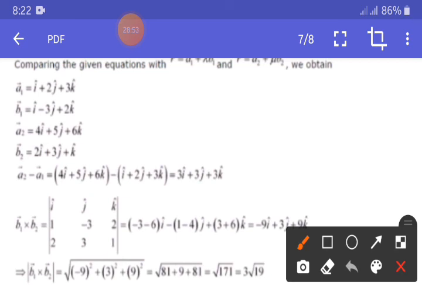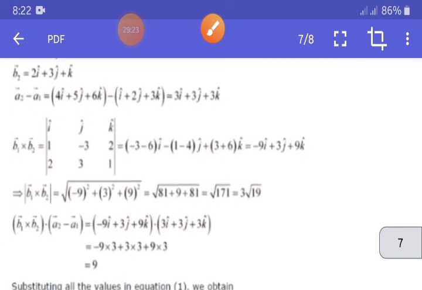So 4 minus 1 is 3, 5 minus 2 is 3, and 6 minus 3 is 3. So 3i cap plus 3j cap plus 3k cap.